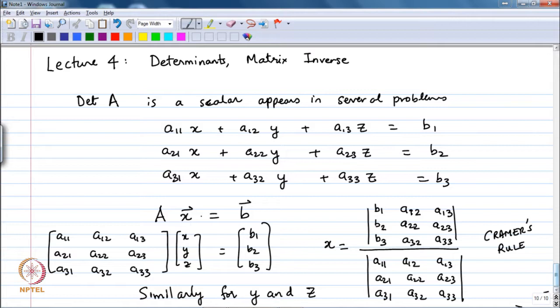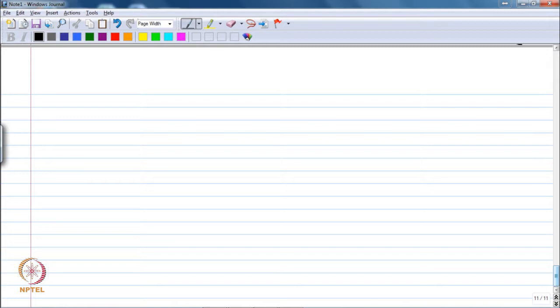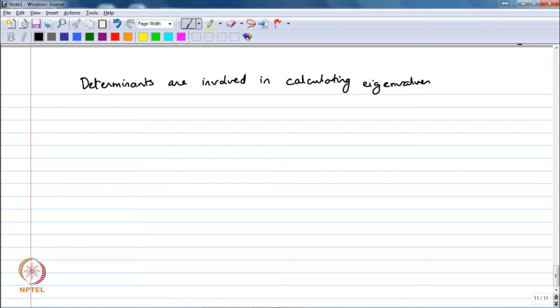And we also saw that determinants are involved in calculating eigenvalues of a matrix. Suppose you want to calculate an eigenvalue of a matrix A, then you just take the matrix A minus lambda I and you set its determinant equal to 0.